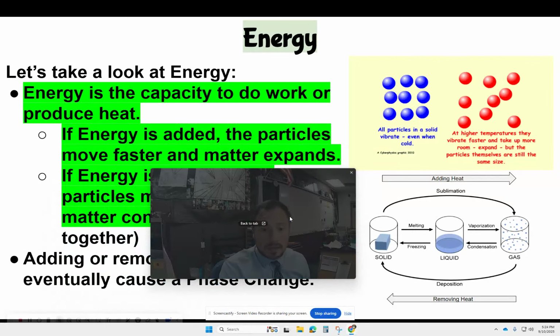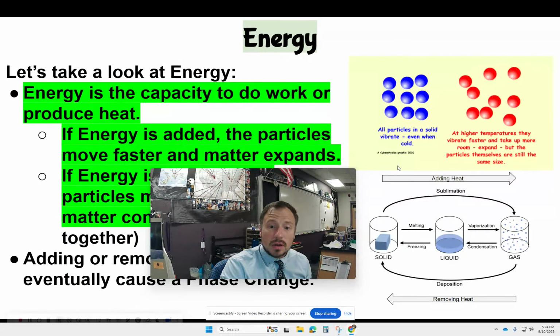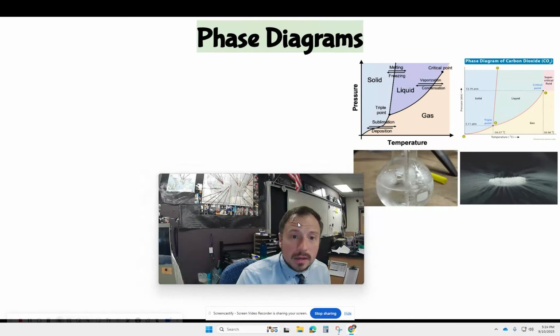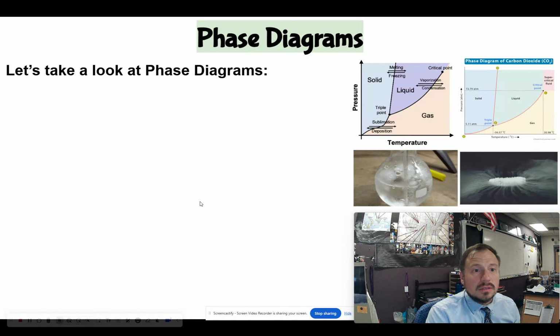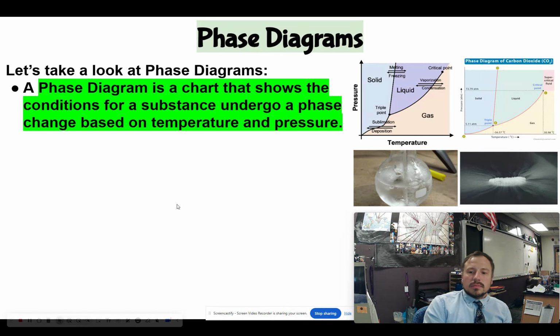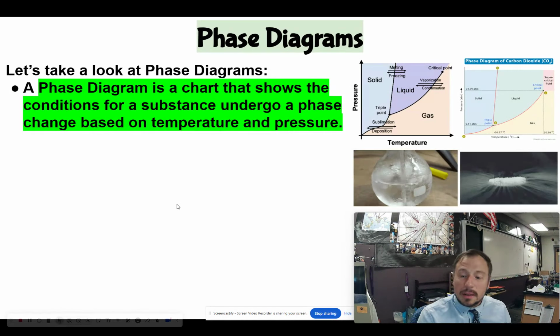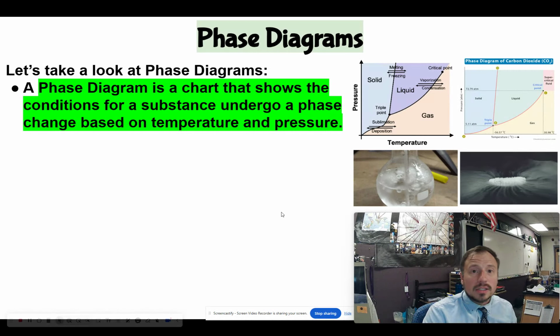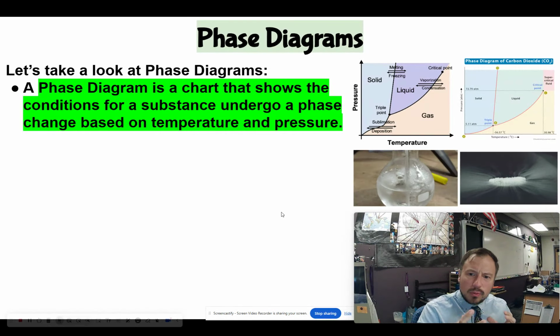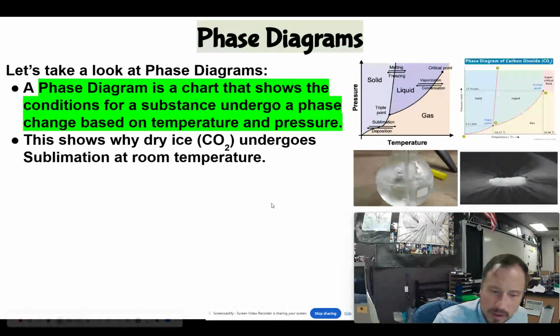But then you can get a phase change, right? You go from different states of matter. So a phase diagram is a chart that shows the conditions for a substance to undergo a phase change based on temperature and pressure. So yes, we add energy, but also the pressure that it's at has an effect on what phase change occurs.